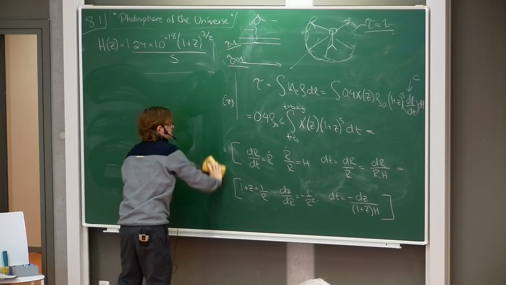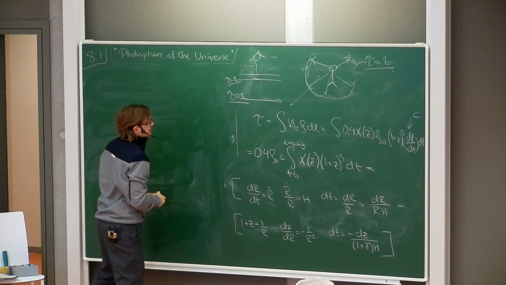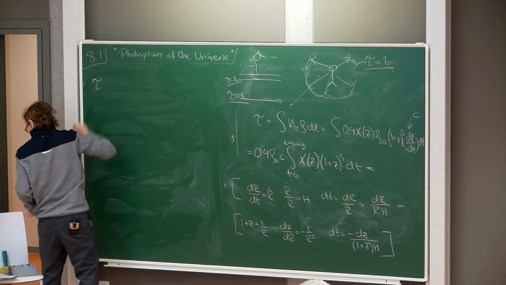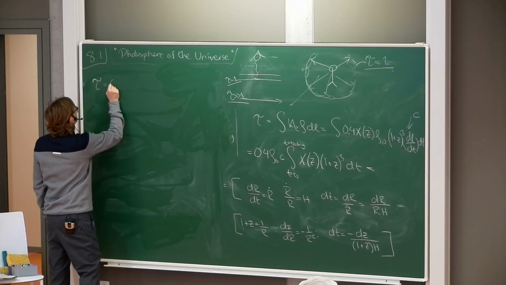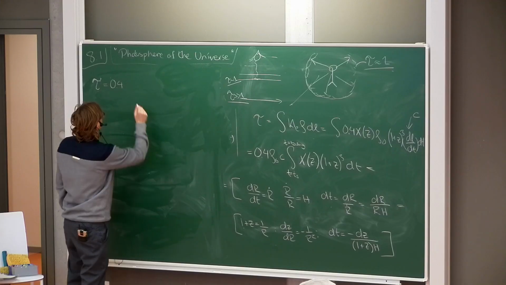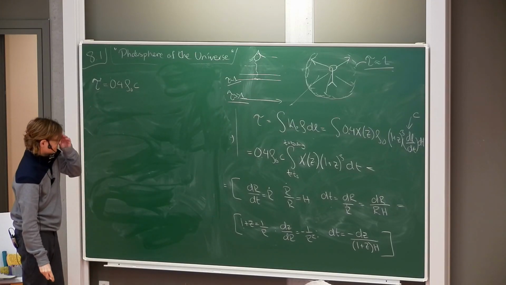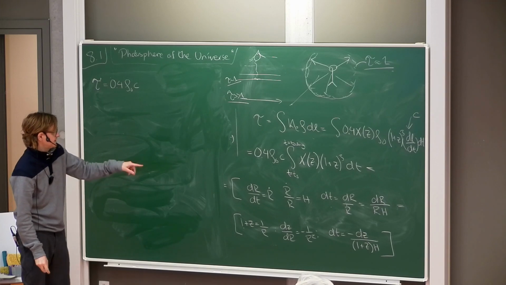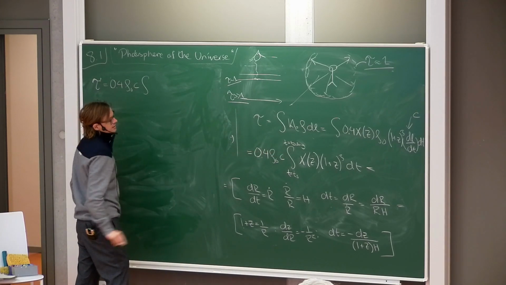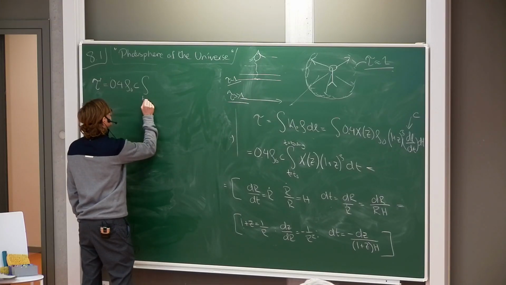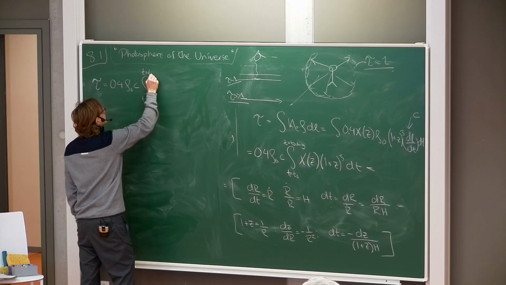You can check my algebra while I'm erasing this part. Okay. Now, let's plug this in to our optical depth integral, which is that one. So we're going to have that 0.4, we're going to have a rho 0, we're going to have a c, and then we're going to replace it. So we're going to change the order of the integral so that it goes from t equals today, or whatever we want to do, t0, to some starting time.